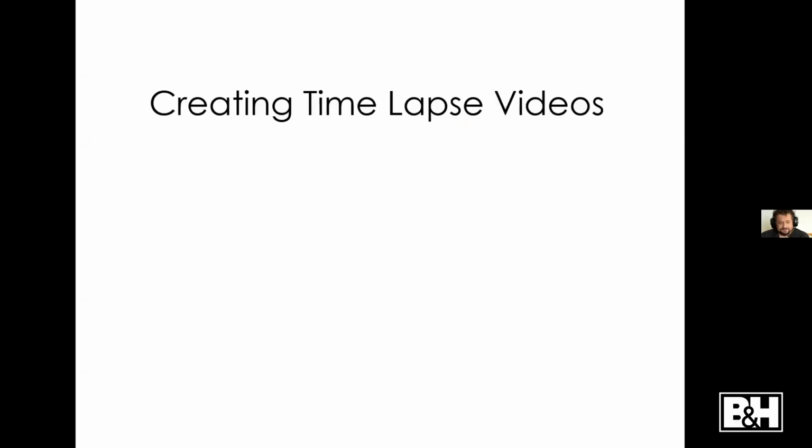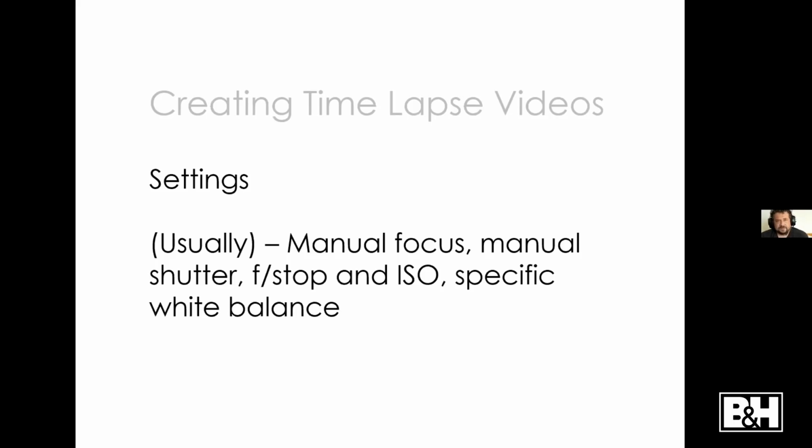All right. So we've got all that. Now you want to create that first time lapse. For time lapse, much like video, you want to be manual shutter, manual f-stop, select an ISO, use a specific white balance, and usually manual focus, or always manual focus. With video, usually manual focus, sometimes autofocus.